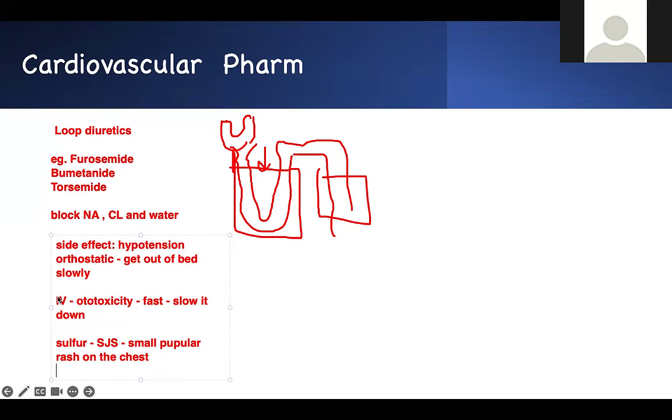Another thing they will ask you is sunburn. This is photosensitivity. This is not the priority. Photosensitivity is not a priority, but Stevens-Johnson is. Like I tell you, the number one priority you should know is hypokalemia because that's dangerous. So that's something you should be aware of.